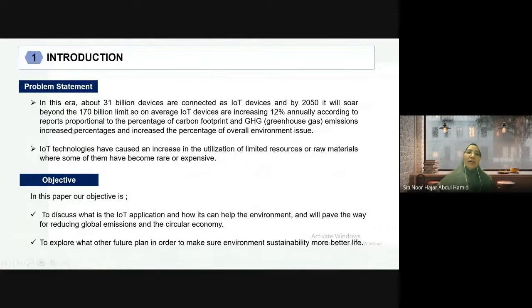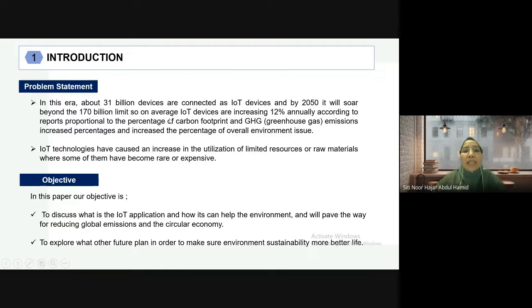So for the problem statement, why we need to take into account how IoT applications can help environmental sustainability: in this era, about 31 billion devices are connected as IoT devices, and by 2050 it will soar beyond the 170 billion limit.